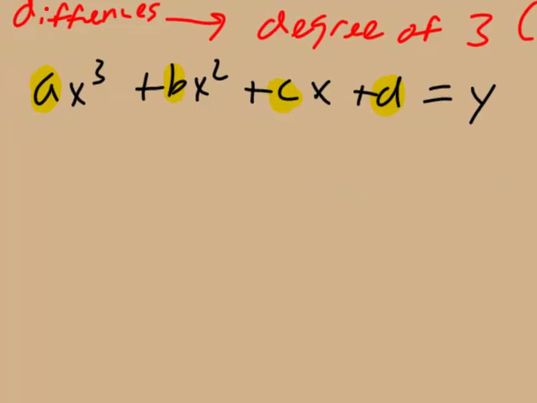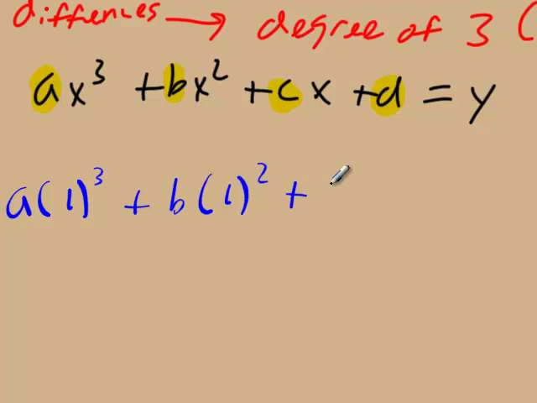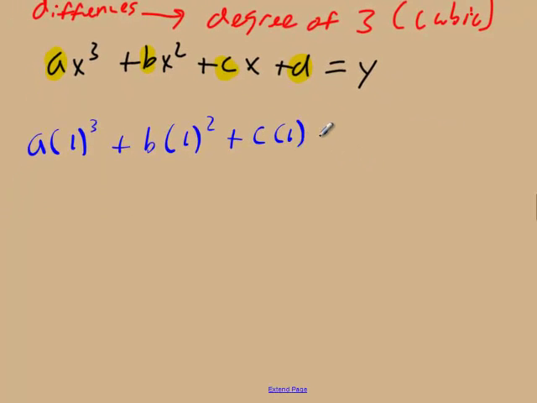So I'm going to start substituting these in. The first point was 1 and 6. So it's going to be a times 1 cubed plus b times 1 squared plus c times 1 plus d equals the constant of 6.